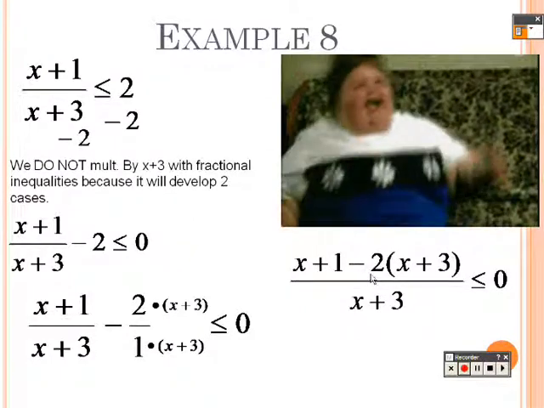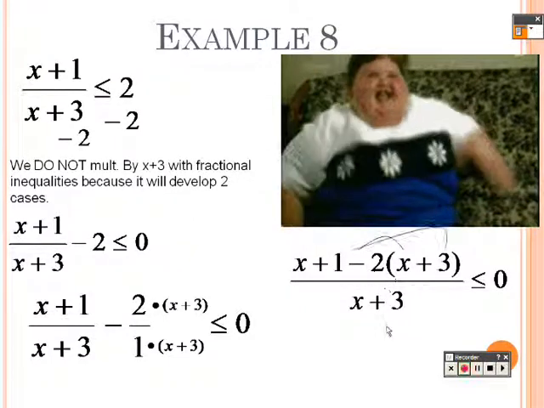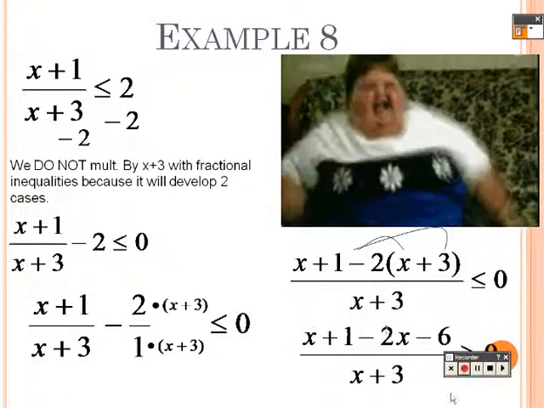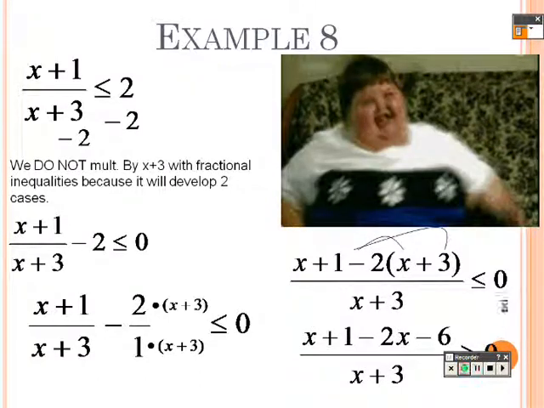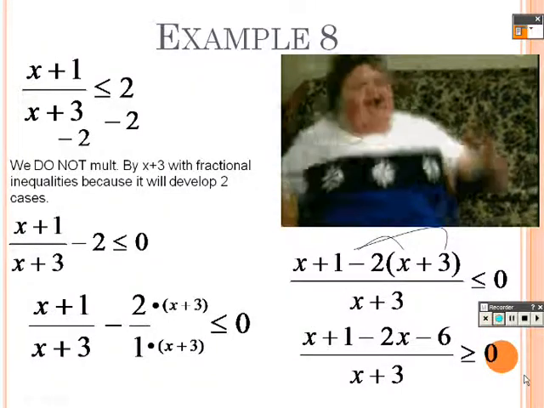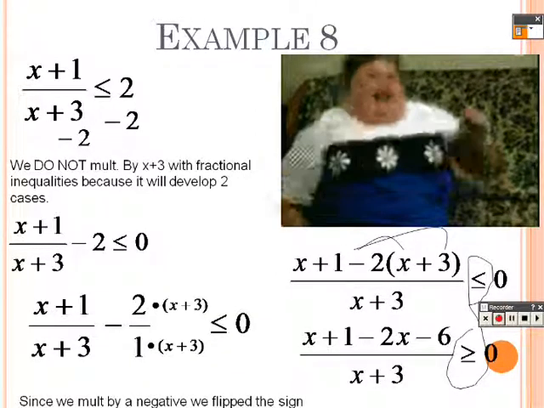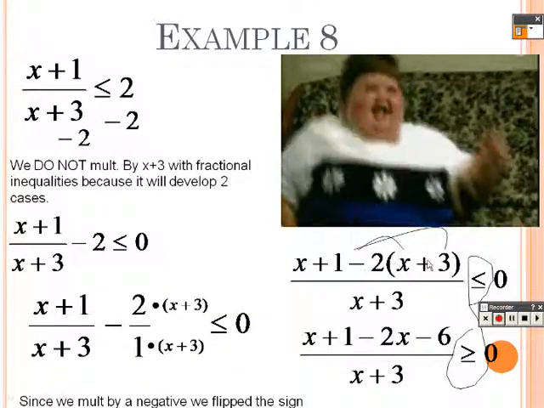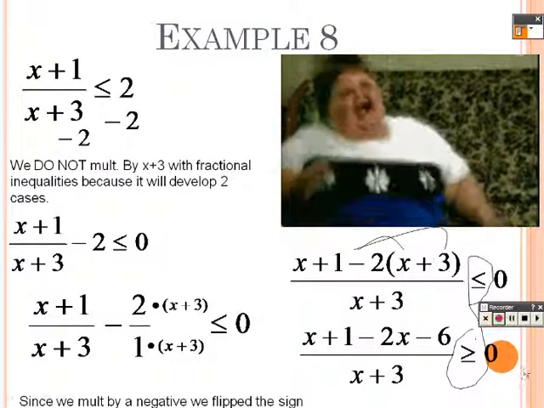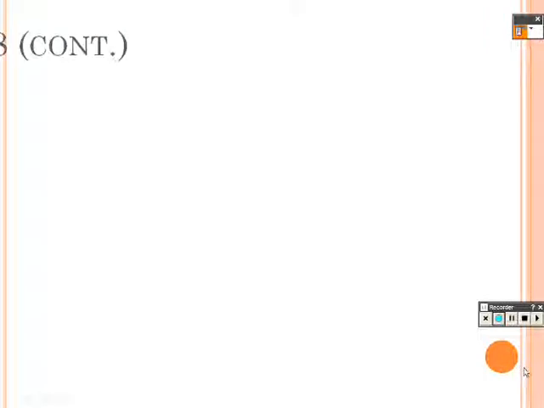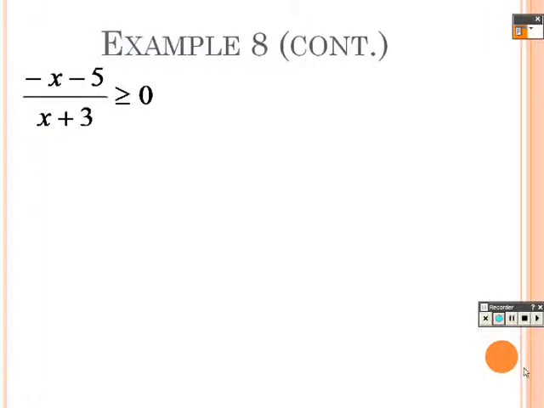So x plus 1, that's a minus 2x and a minus 6 on top. So when we combine like terms, the reason we switch the sign is because we're multiplying by a negative, so keep that in mind. That's why we flip the sign, that's what we end up with.